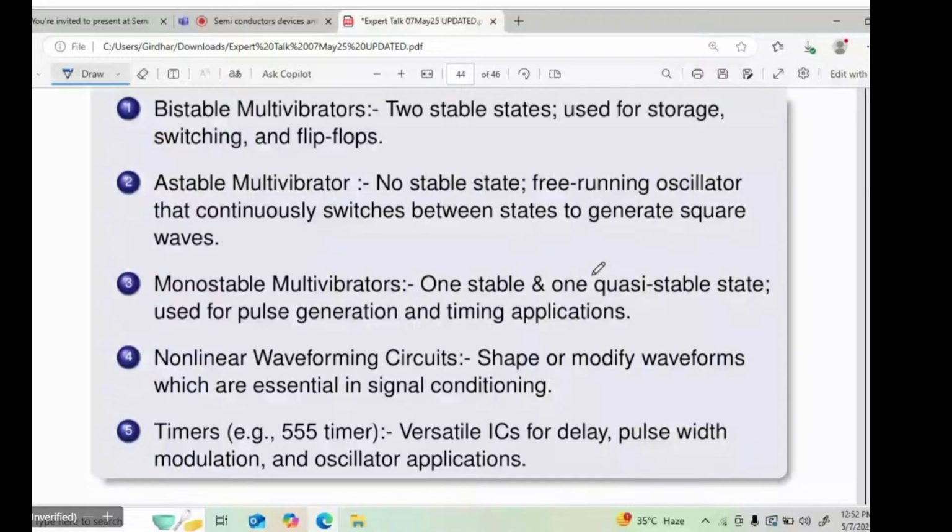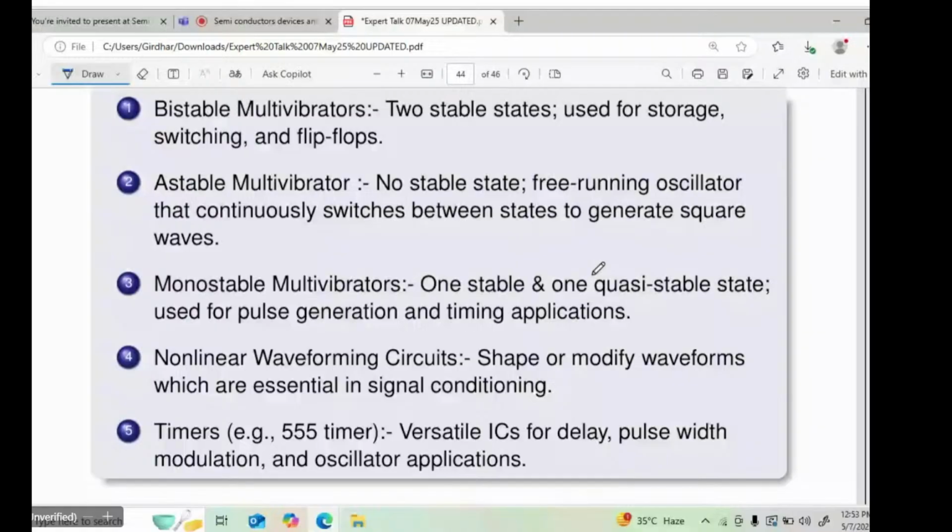Depending upon the requirement of the customer, they can shape the waveform. Clipper, positive clipper, negative clipper, clamper: they can shift the DC level also. Since our discussion was based on the op-amp only, that's why I have considered only the square wave and triangular waveform.